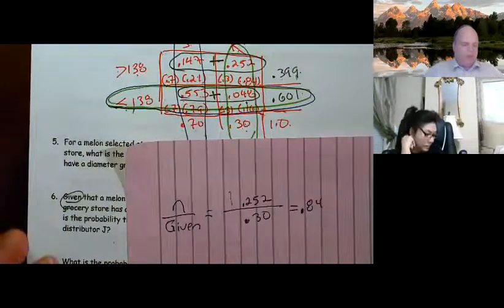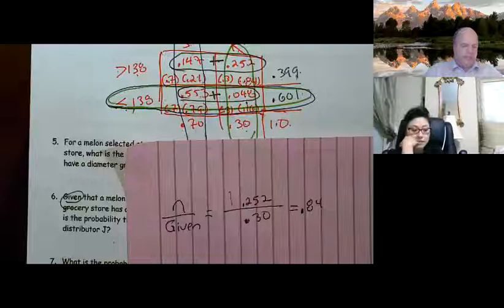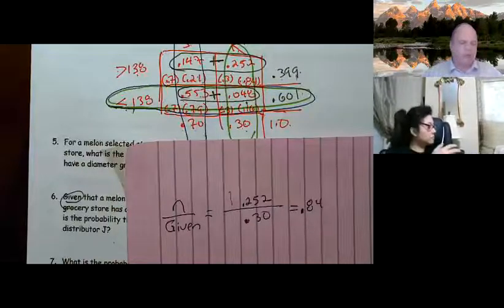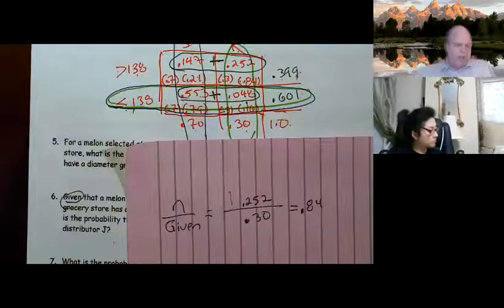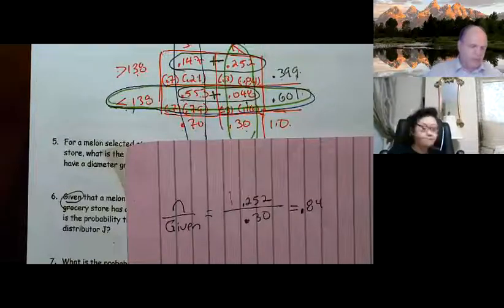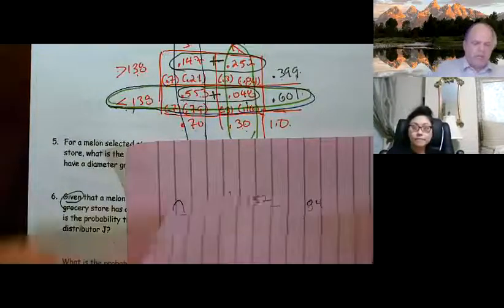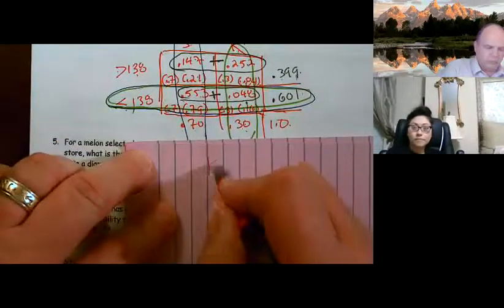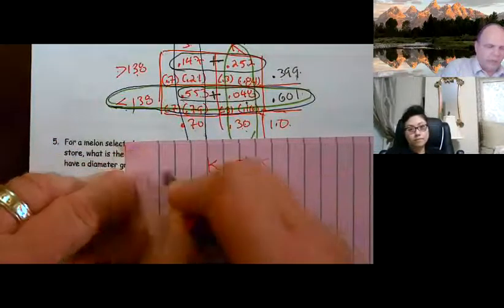The distribution of the diameter of the melons from K is approximately normal with a mean of 144 and a standard deviation of 7. The distributions of the melons from J and K are independent. What is the mean difference? Well, what did they tell me? They want K minus J. We're looking for the mean.